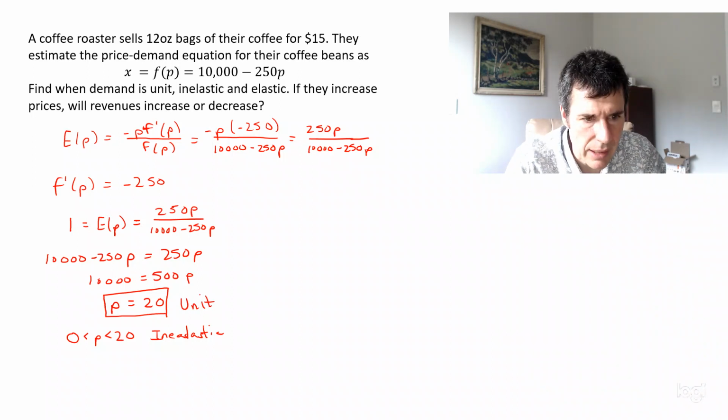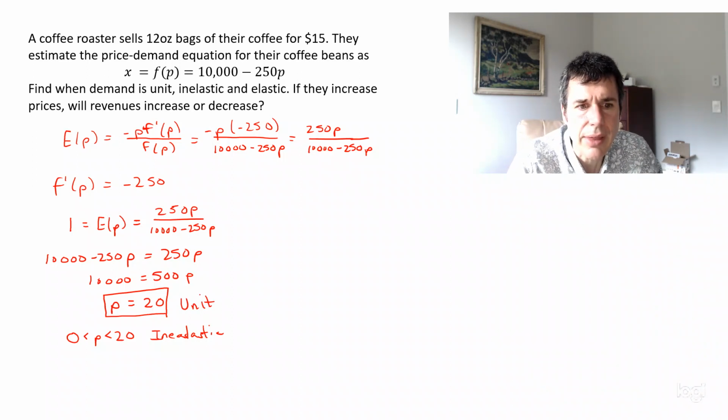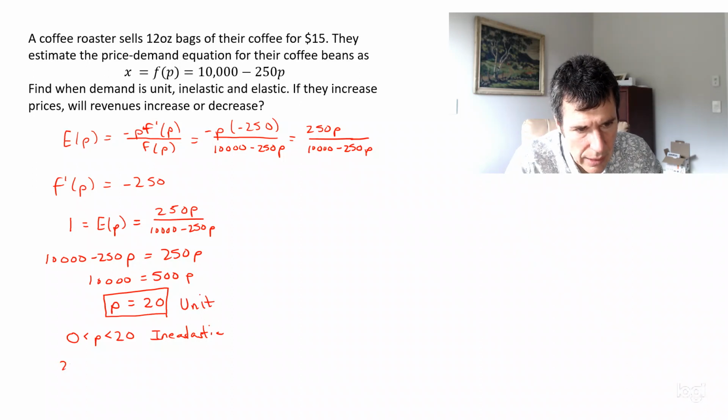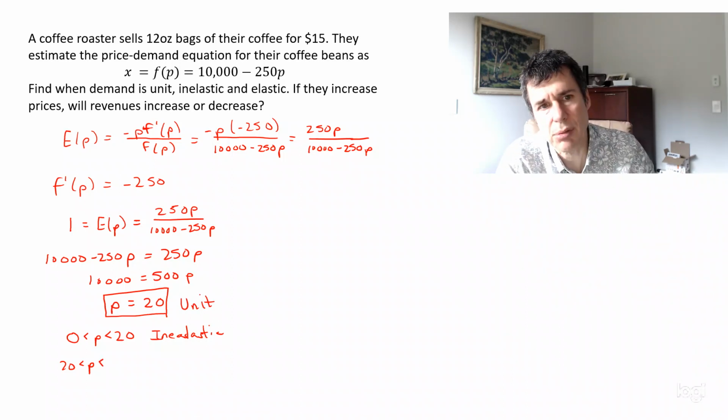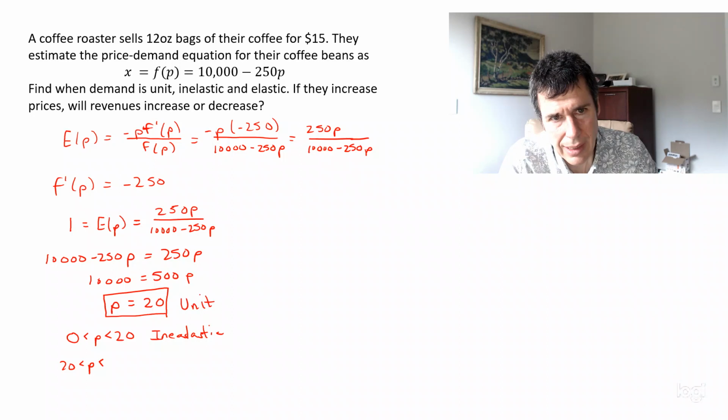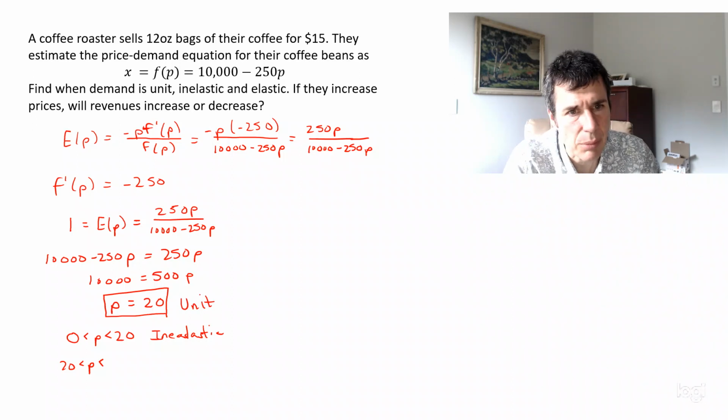And then in order to figure out where the demand is elastic, we know that 20 is less than P, but we know there's some maximum P, right? And the maximum P is going to be when you put in a price and X is 0. So when X is 0, the maximum P I can see from this is going to be 40. So this is elastic.